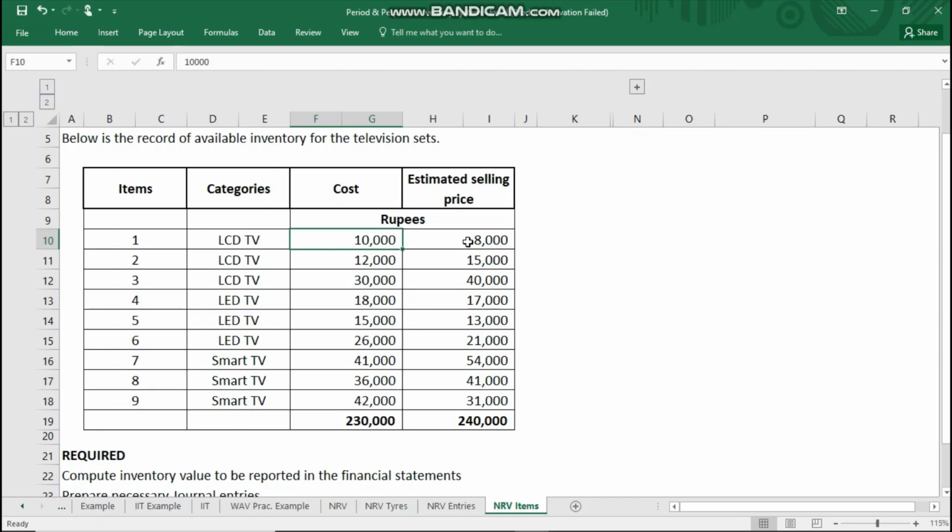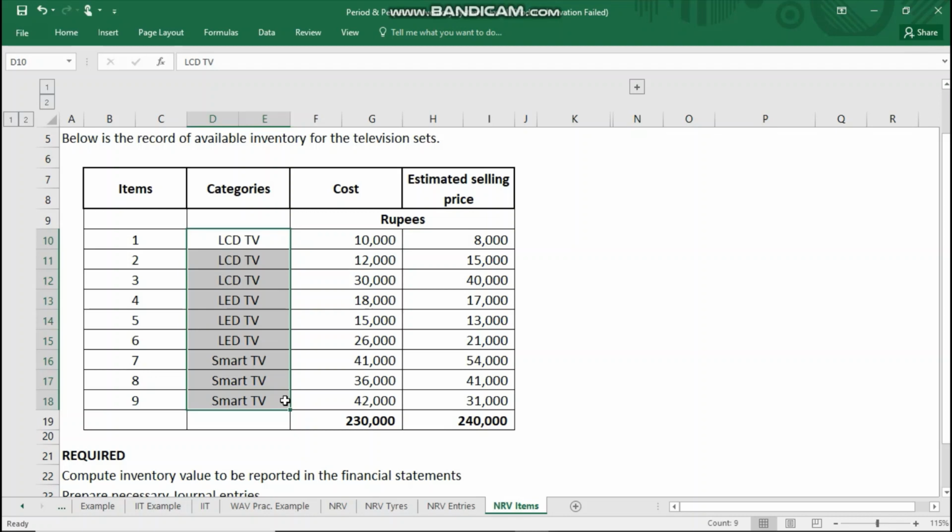Anyone can think that we have a similar type of inventories, like all our television sets. There may be differences in the model and variety, but all are of similar nature, and the purpose is similar. Anyone can think that these are all television sets, so why can't we do this on a totality level?